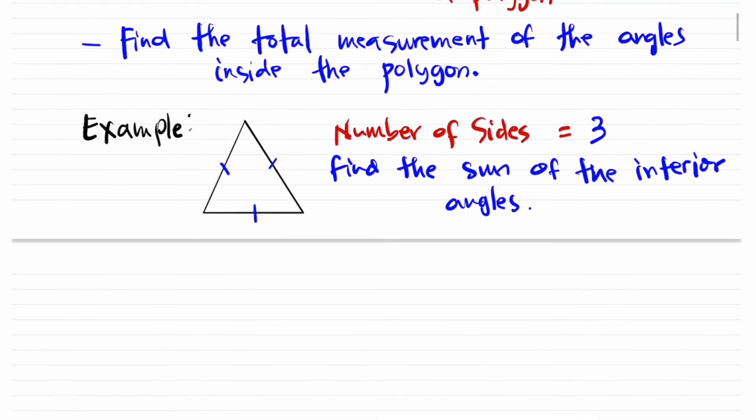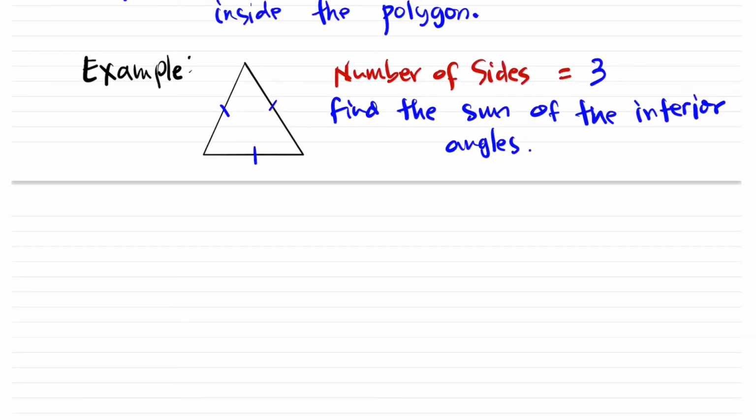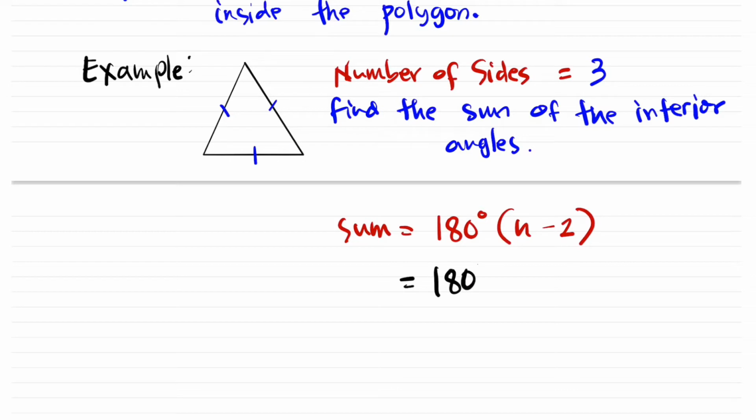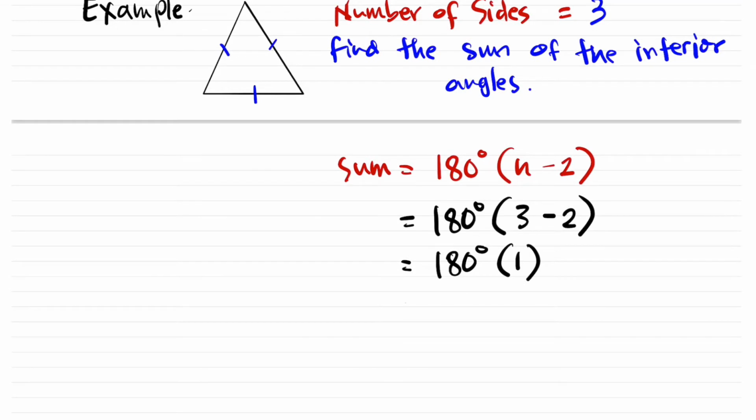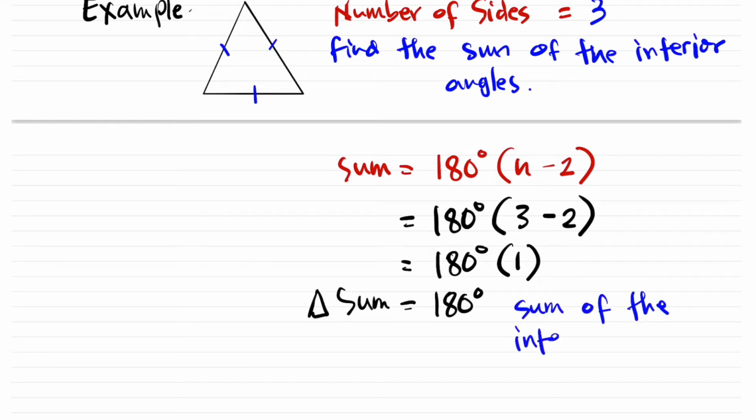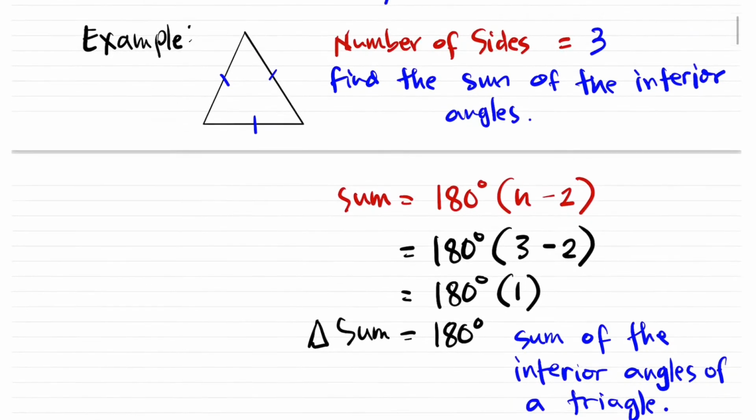The formula becomes sum is equal to 180 degrees times n minus 2. So we have 180 degrees times 3 minus 2. Therefore we have 180 degrees times 1, and therefore the sum of the interior angles of a triangle is equal to 180 degrees.